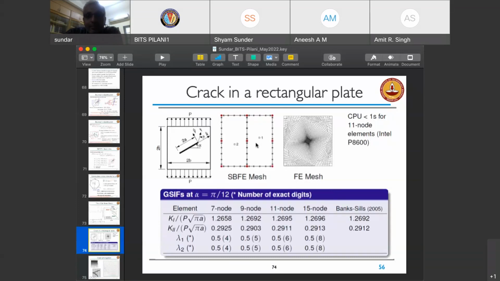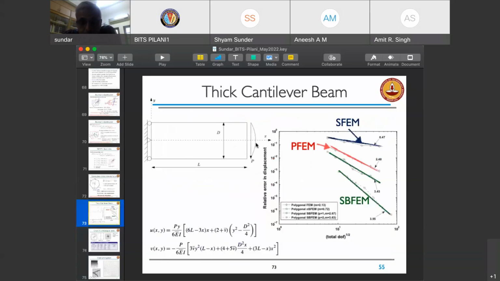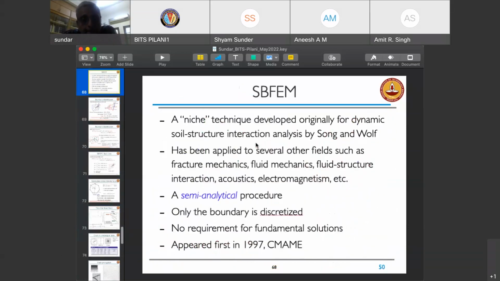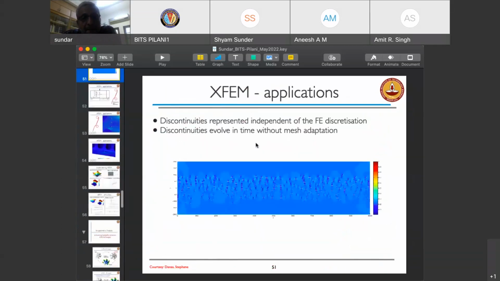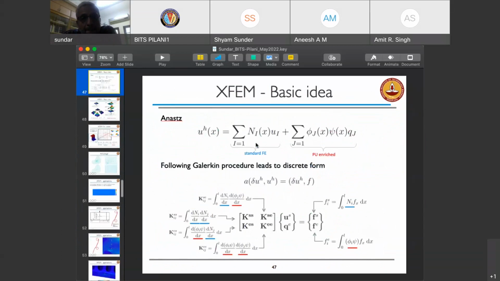Okay, another question. Again, I might be making a mistake in understanding this. So for the XFEM, we said that we need some enrichment methods. The enrichment methods have some broad requirements.